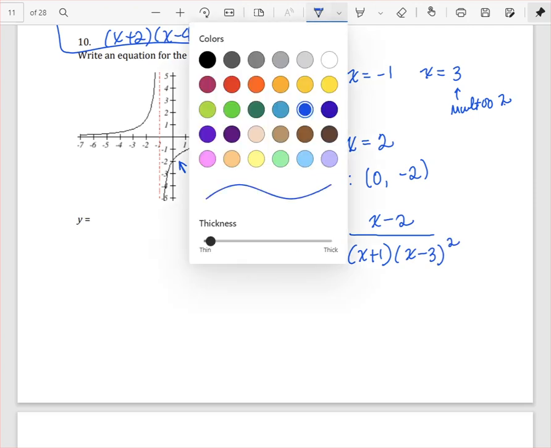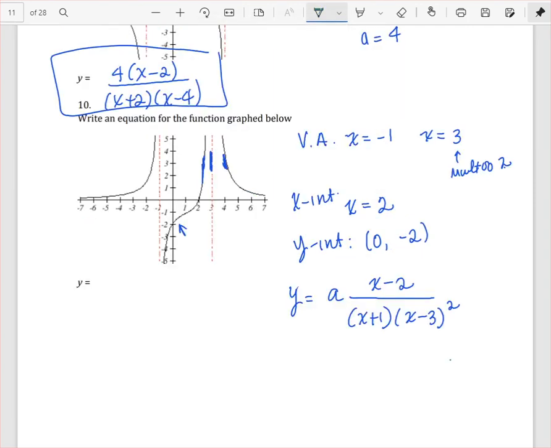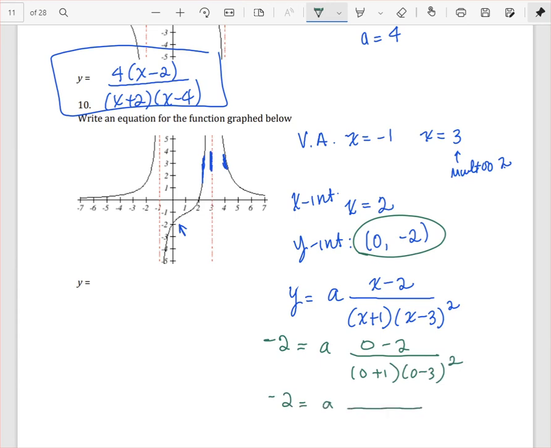That's how the multiplicity plays a role, because that's going to be to the second power. Now to find a, we're going to put the y-intercept, this one. So that will be -2, and then 0 for every x. So what that's going to give us is -2 on top and a 9 on the bottom because of that square.